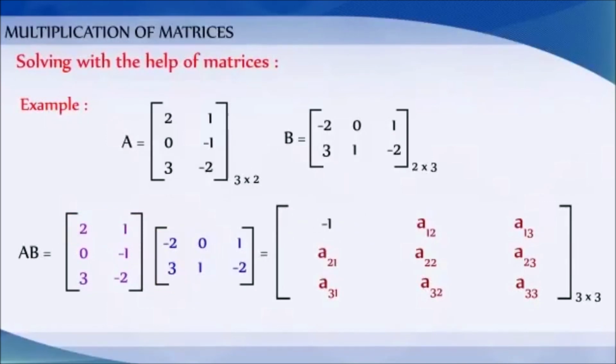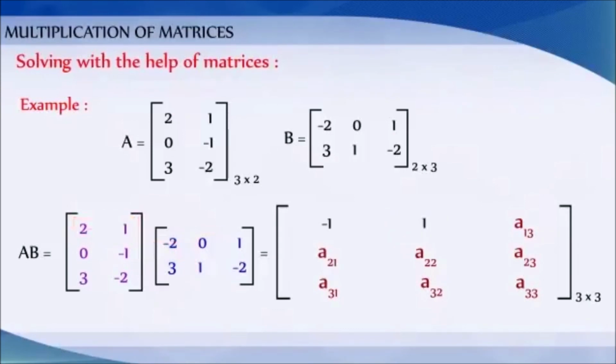Similarly, the a12 element of the product matrix AB is obtained by multiplying each element in the first row of the A matrix with each element in the second column of the B matrix and adding the results. Therefore, the element a12 of the product matrix is 1.